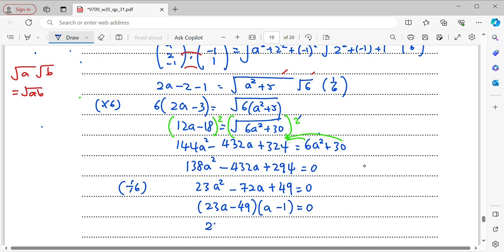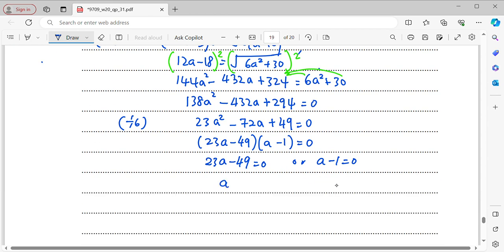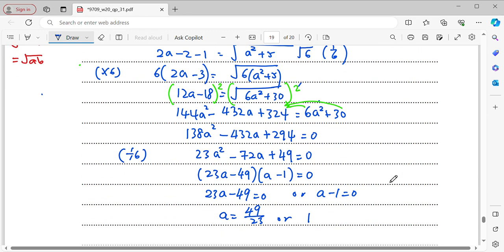Hence, 23a minus 49 equals to 0, or a minus 1 equals to 0. Okay, which means you will get a equals to 49 over 23 or 1. Okay, so these are the two a values.